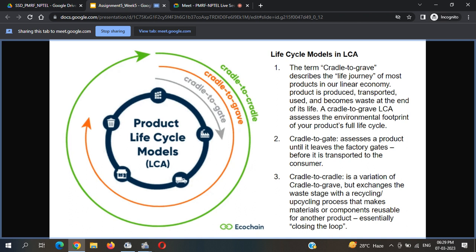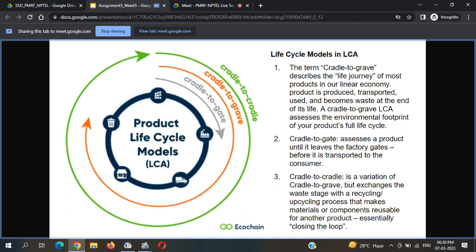So in that way, the cradle to cradle model is formed where the product is being recycled and the end product of one product is being used as raw material for another product. So that is what cradle to cradle is.